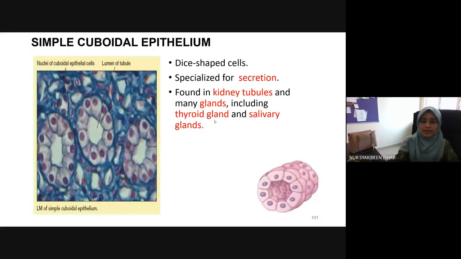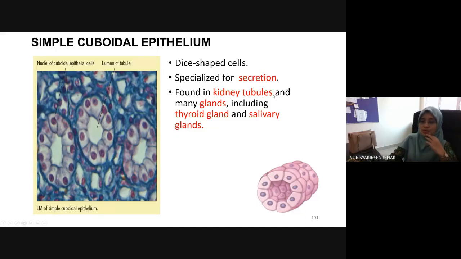The next one is simple cuboidal epithelium. So dia punya shape kat sini awak nampak dia adalah bentuk dice lah, kan? Square macam ni, okay? Cuboidal, cube. And then it is specialized for secretion. So the secretion process occurs in the kidney, alright?